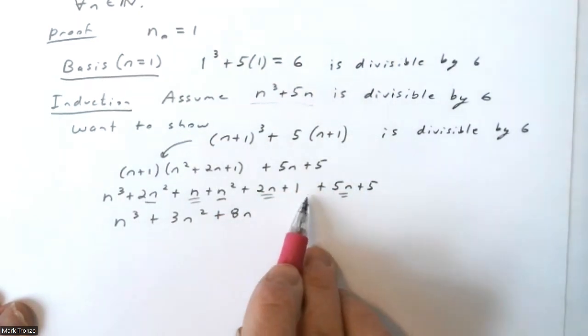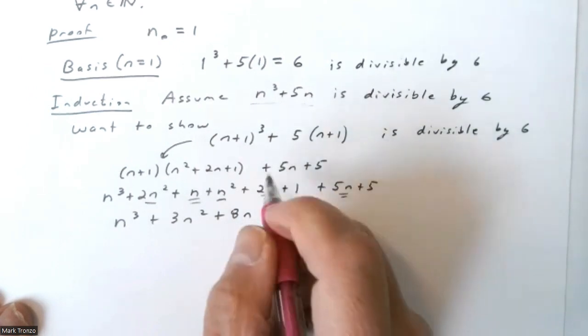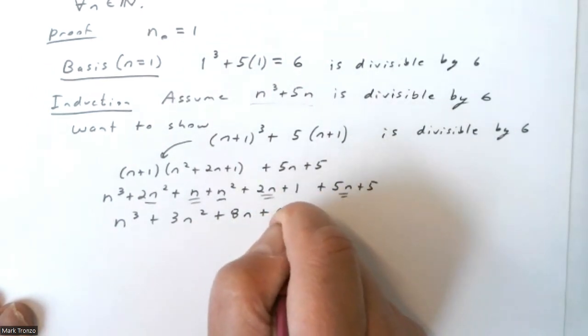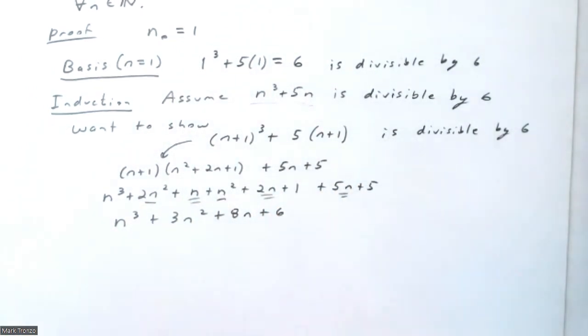And then if we add our constants, it looks like 6. And you know what? Let's see. Yeah, okay, I think that's right.